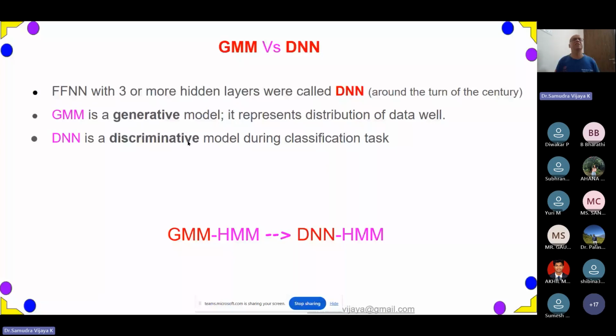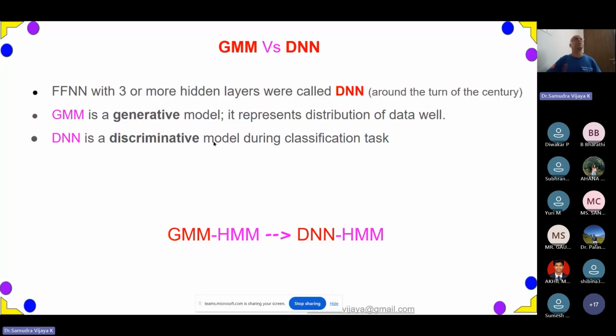Therefore, a deep neural network is called a discriminative model, and discrimination helps in classification. Given the speech data, whether it is vowel A, E, Ka, Ta, it is easier to recognize it, because there are confusing sounds such as pa and pa, pal and pal, where the meaning changes. What did I do? When I say pal, after P I put a little bit of aspiration, and the meaning changes. But pa and pa are fairly similar.